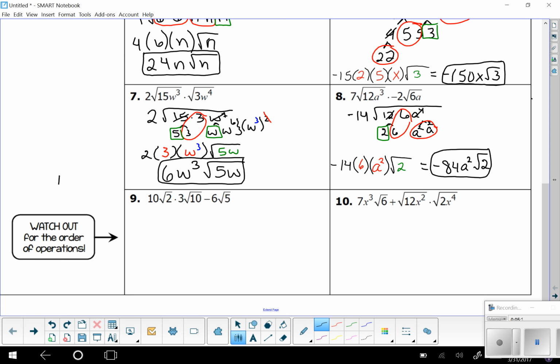You have to make sure that you pay attention to the operations, just like order of operations. And when you're doing it without square roots, you have to make sure that you do it when you have square roots. So we have to do this first. So multiply your outer numbers.